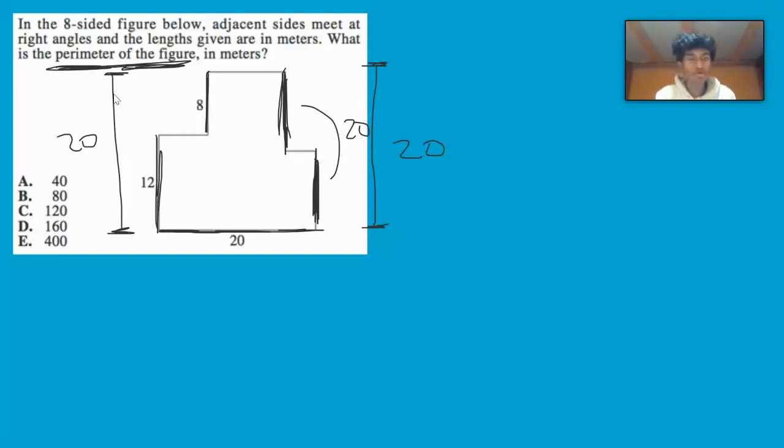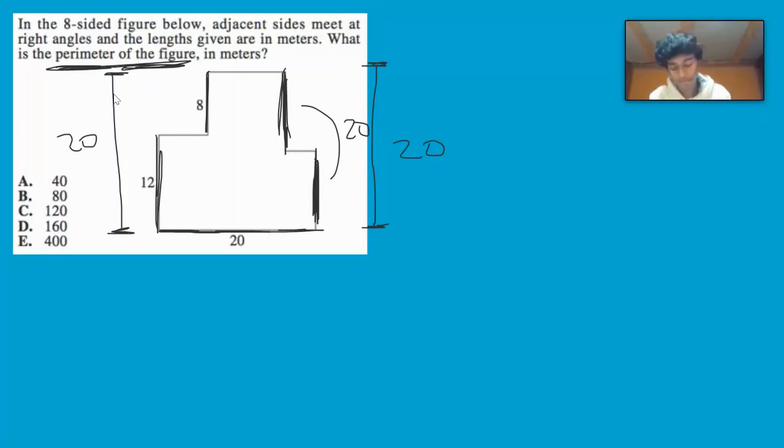We just need to know the total length of our boundary surrounding our figure, right? Because that's what the perimeter is. The perimeter of a figure, we can add up all the sides if we want, but even if we don't know all the side lengths, we can just find the total length of the boundary. So we know that this is 20.